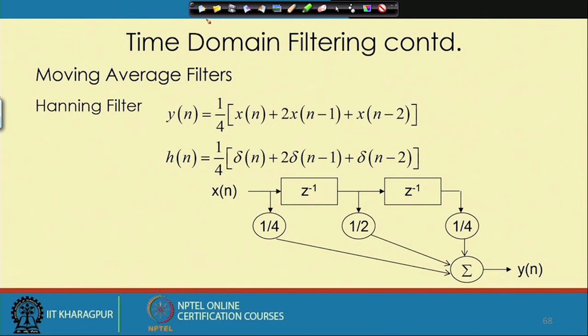So, in the next line we get the impulse response, where h n is the impulse response. We get 3 delayed deltas here, and below we show the form of it, how the tap delay filter is used to get y n.